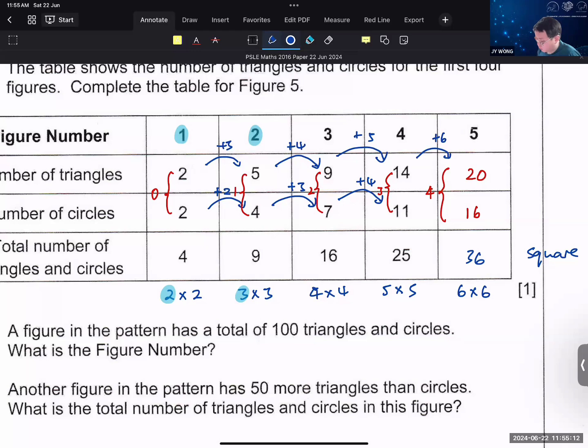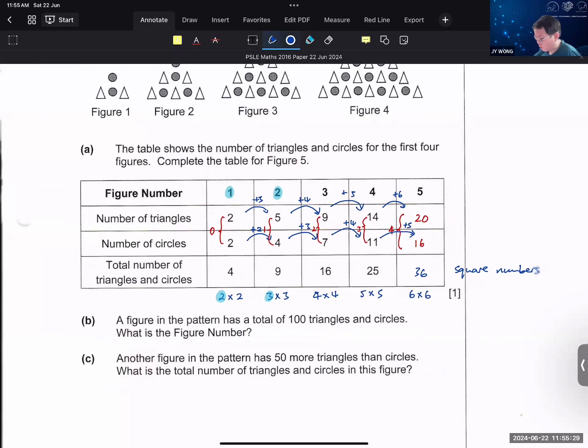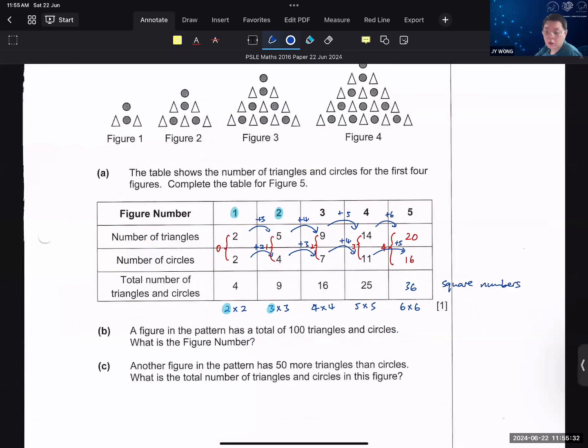So Mr. Stowe covered the 2019 paper with you all before. The 2019 paper requires you to figure out that there's a pattern between the difference of the shaded and unshaded triangles. This is a 2016 paper. You realize that they have already tested the idea that there's a difference.